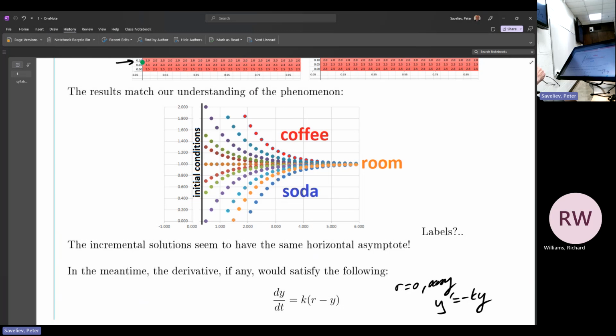I'm not sure which one. But if it's a different material, it has different properties. So it'd just be shifted down or up. No, the room temperature is the same. So they will be steeper or less steep, right? Yeah, so K, that's what's going to change. K is the property of that material.